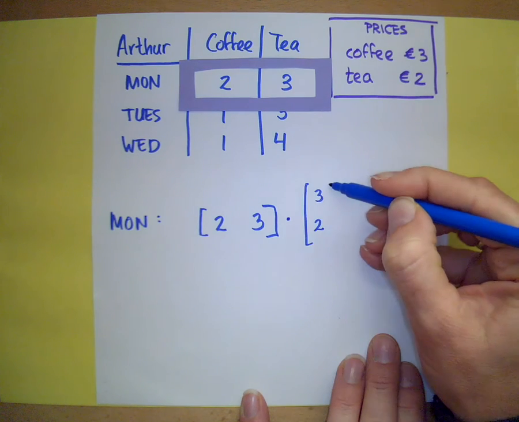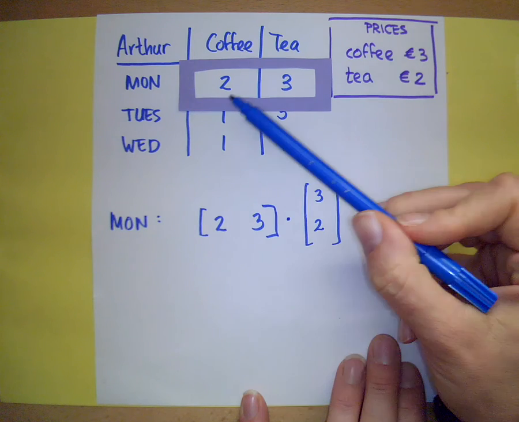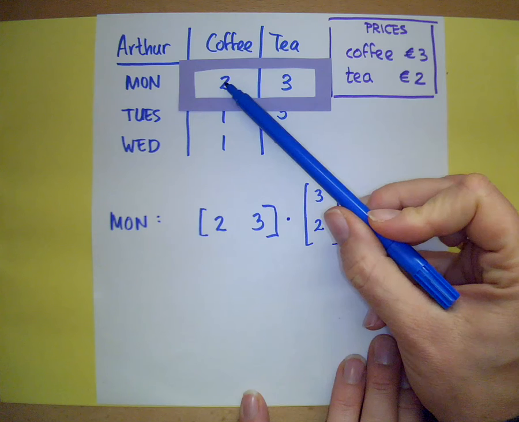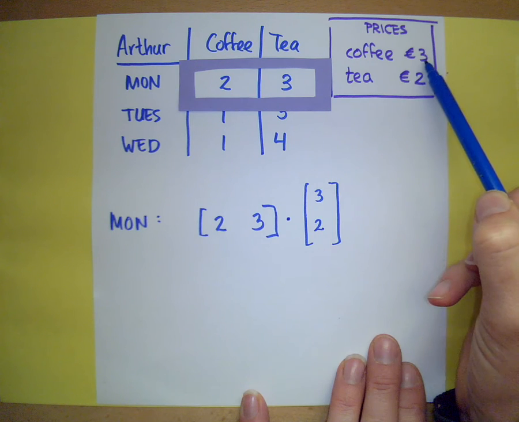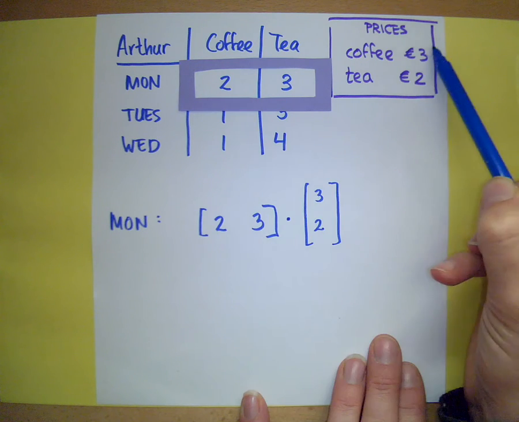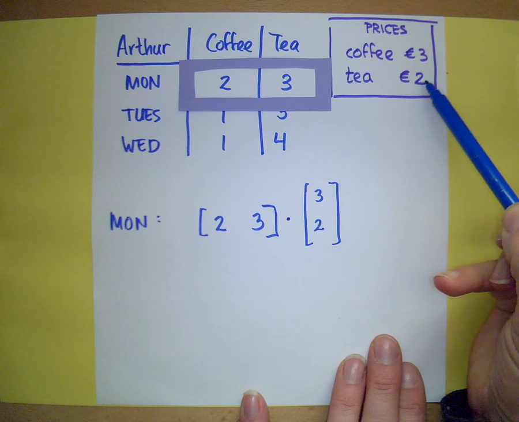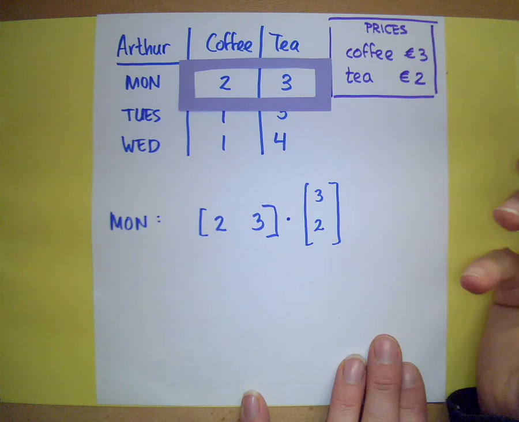This is a column matrix. Because when we try to find out how much he paid for coffee, we want to know what one coffee costs and how many he bought. So 2 times 3 is 6 euros. He bought 3 teas at 2 euros each, so that's 6 euros as well.